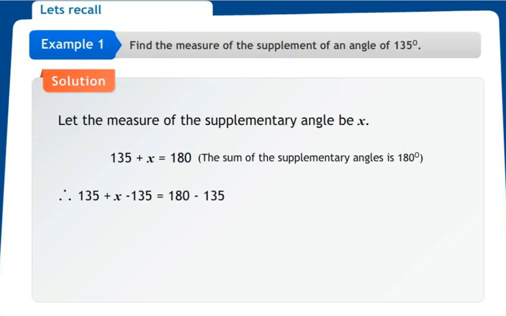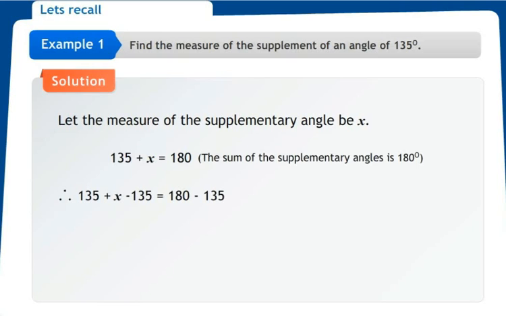To remove 135, we will subtract 135 from the left hand side of the equation. The operation that we use on the left hand side, the same has to be used on the right hand side. Since we have subtracted 135 from the left hand side, on the right hand side also we will subtract 135.